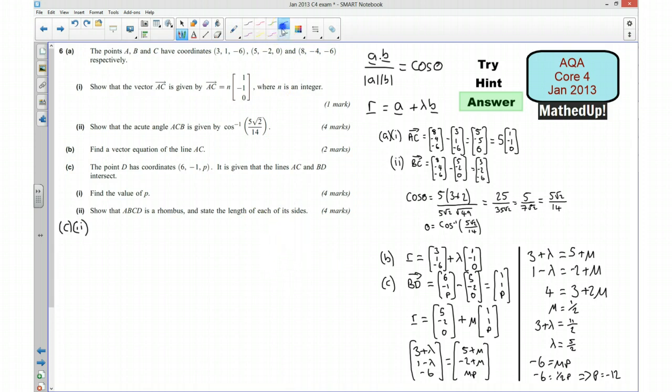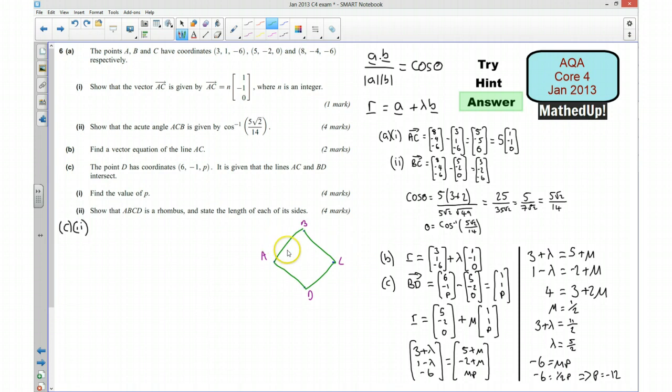So if I just show that we've got some points, we've got A, B, C and D, let me label those up: that one A, that one B, and that one D. What we're trying to show is that AB, that this here makes a rhombus.